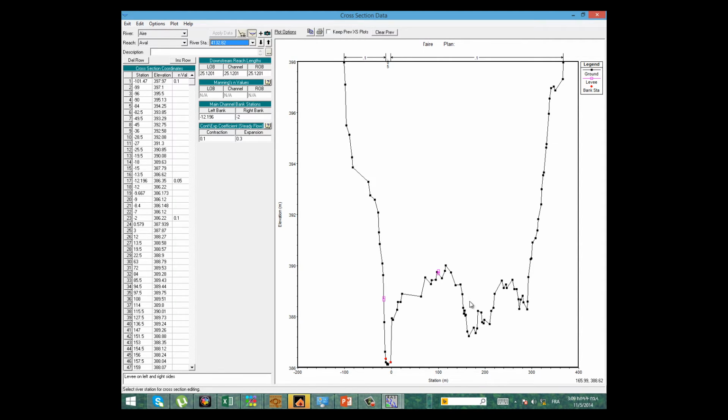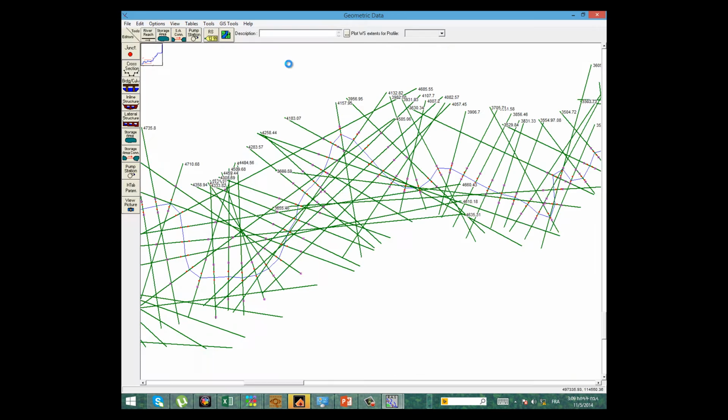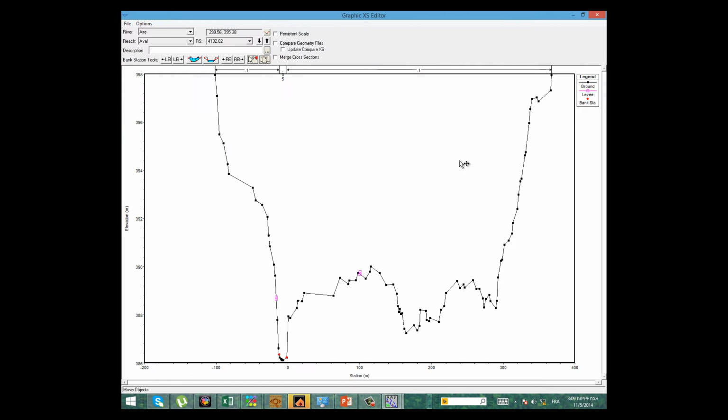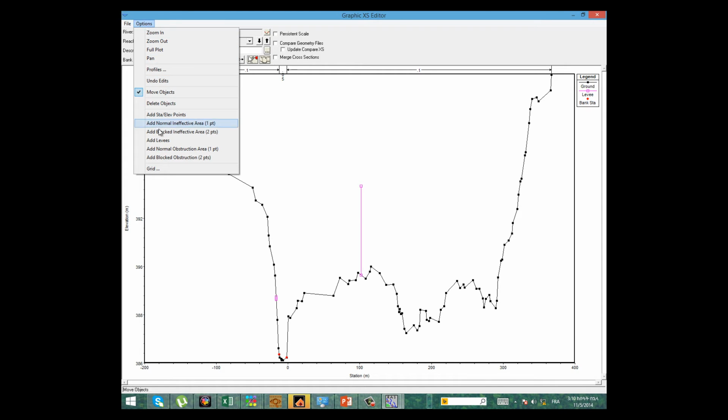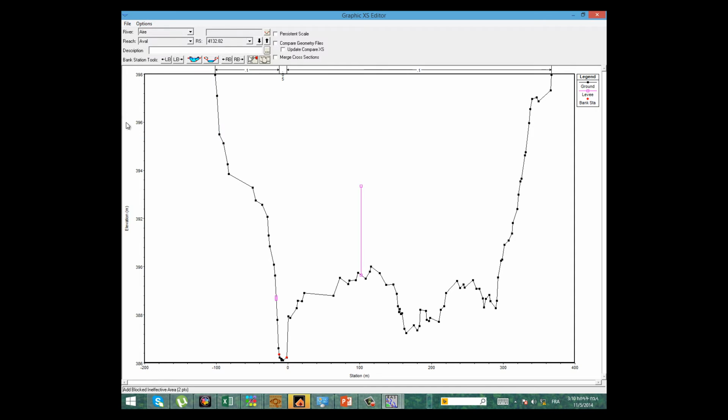So we have to do something. For example, we have to use this levee to inform the software that the water can't overtop this one. And there is another way: we add blocked ineffective areas, like we add ineffective areas like this.